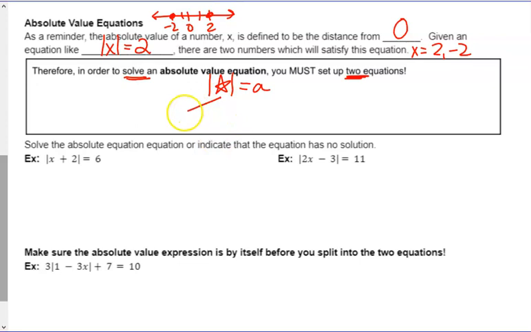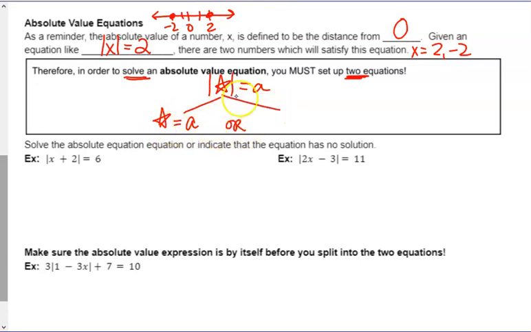One equation is going to look exactly like you have here, except I take away the absolute value symbol. Why? What's inside here had to equal this positive 2, or it had to equal the negative 2, right? So I'm basically saying x has to equal 2 here, so I rewrite that as is without the absolute value to get one equation.